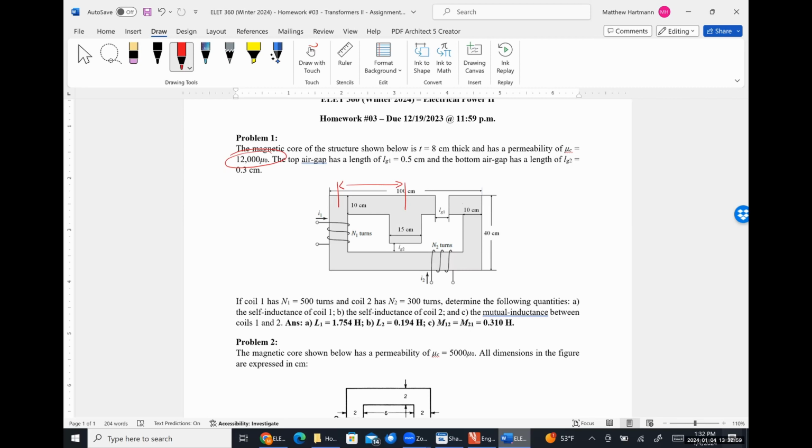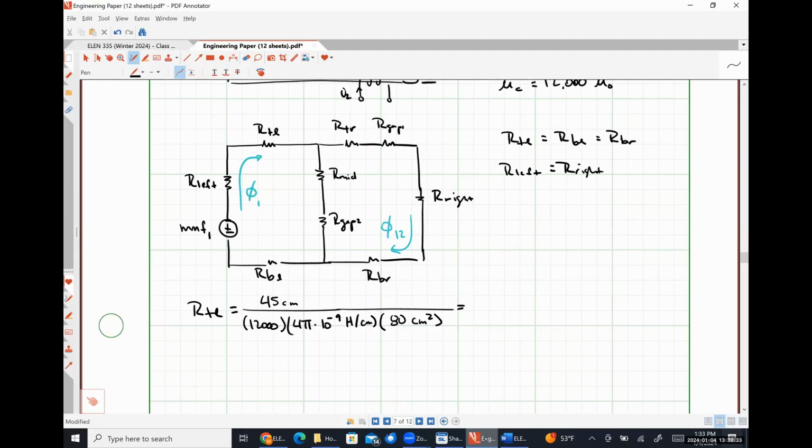This is inherently a linear material because the core is just 12,000 mu naught. We don't have a graph or anything like that associated with it. Realistically, the stacking factor only shows up if I'm saying the core isn't solid, that it's made of thin sheets of material separated by very thin insulating layers. So there's nothing stopping me from saying there's a stacking factor here. There just wasn't one in this particular problem statement. All right.